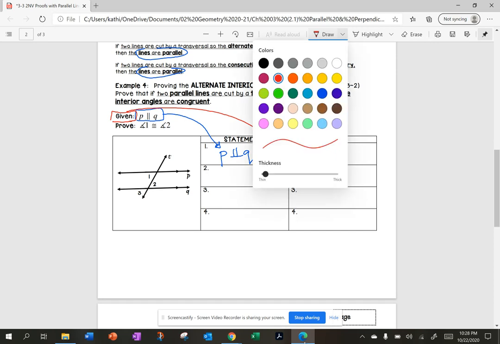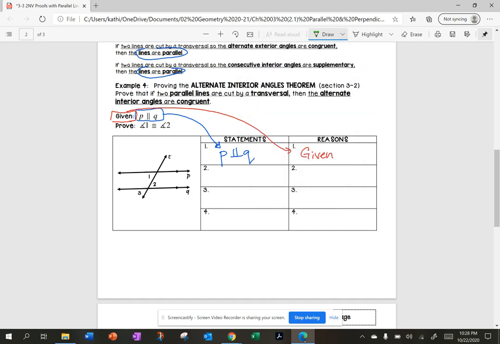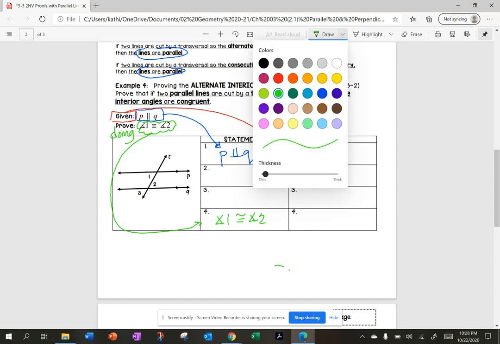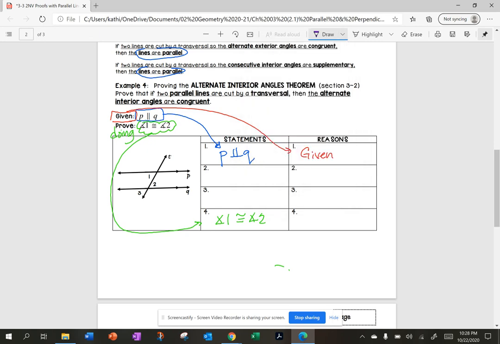And I am trying to prove. I don't ever use that word, but I'm trying to prove that angle 1 is congruent to angle 2. So I can make that my last statement. Angle 1 is congruent to angle 2. Okay, so right now I'm going to start writing.